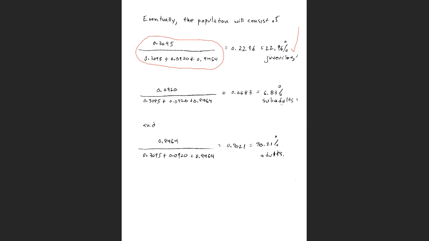For subadults, I'll divide the second entry in the eigenvector by the sum of all the entries, and that'll get you 6.83% subadults. Finally, for the number of adults eventually in the owl population, I'll take the third entry, 0.9464, and divide by the total of the entries. That gets you 70.21%.